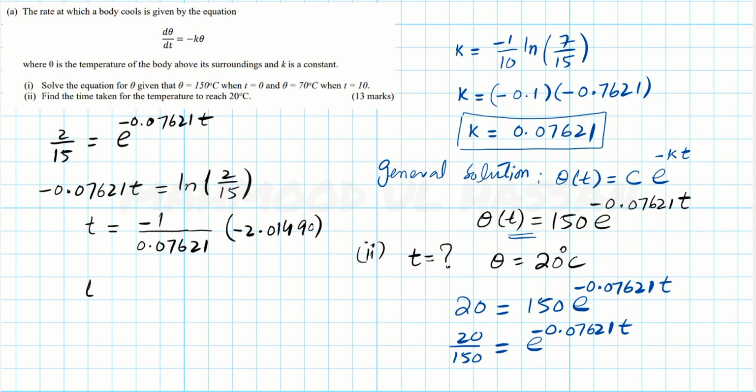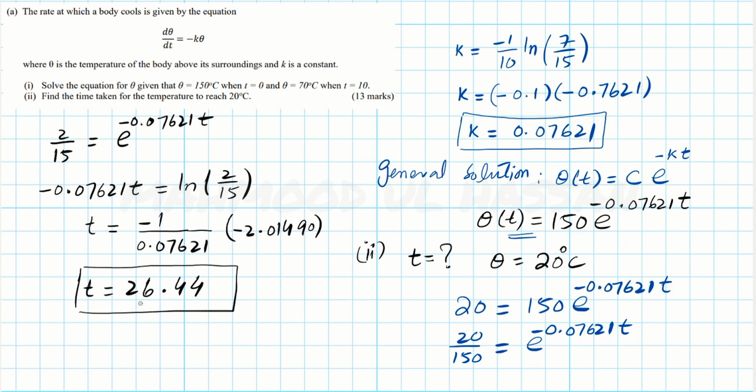Now t is equal to, simplifying these two factors, minus 2.01490 divided by minus 0.07621, so that is going to be plus 26.4344.